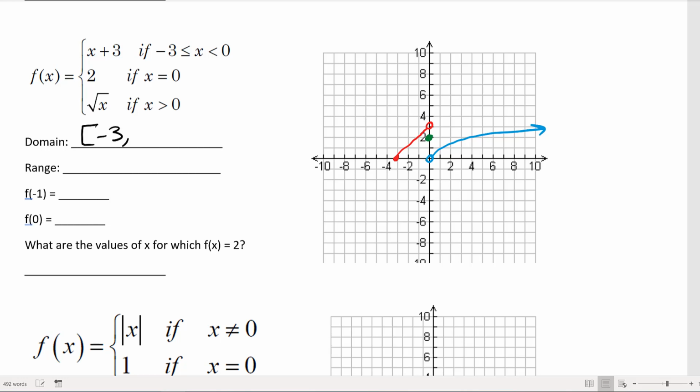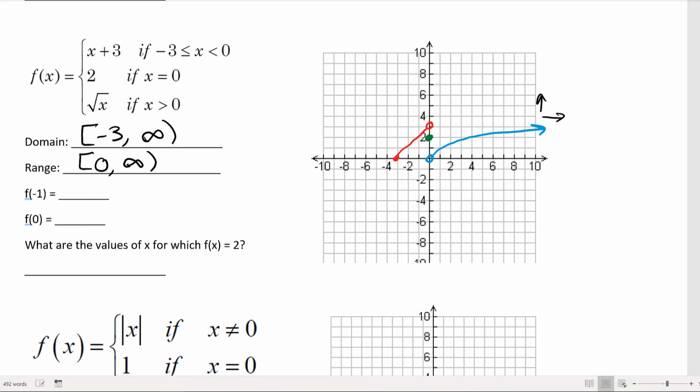It's a closed bracket because we are allowed to equal -3. And then it goes from -3 and it hits all of the values, including 0, all the way up towards infinity. So -3 to infinity. The range, the lowest y value we can have, is 0, and it goes up towards infinity and it meets every single other value, so 0 to infinity.